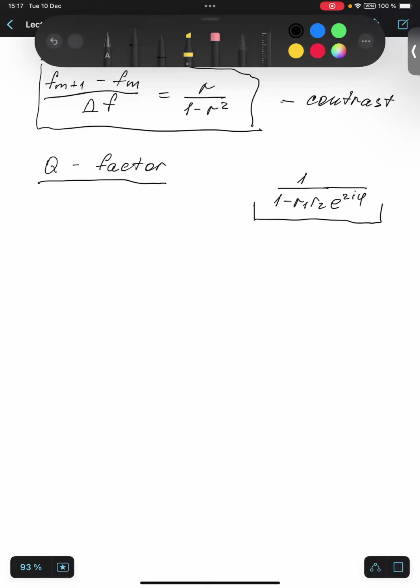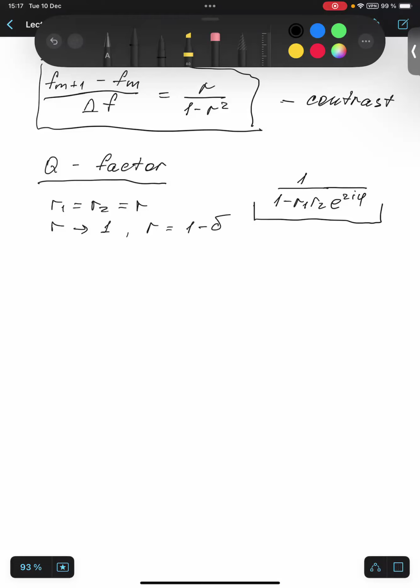Again, we say that R1, R2 equals just R for simplicity, and also consider R close to 1, or we can write R equal to 1 minus some small parameter delta.